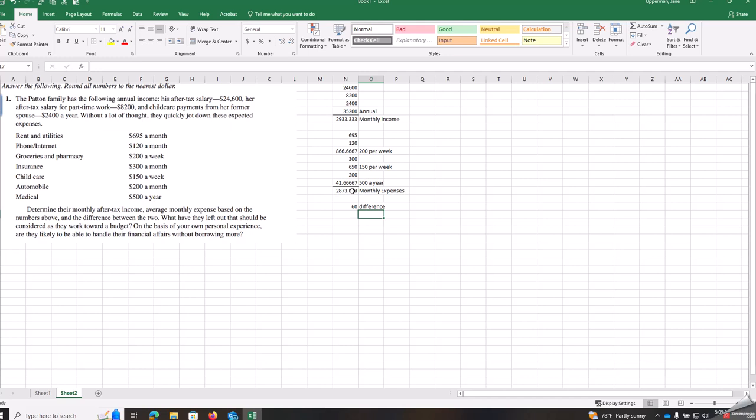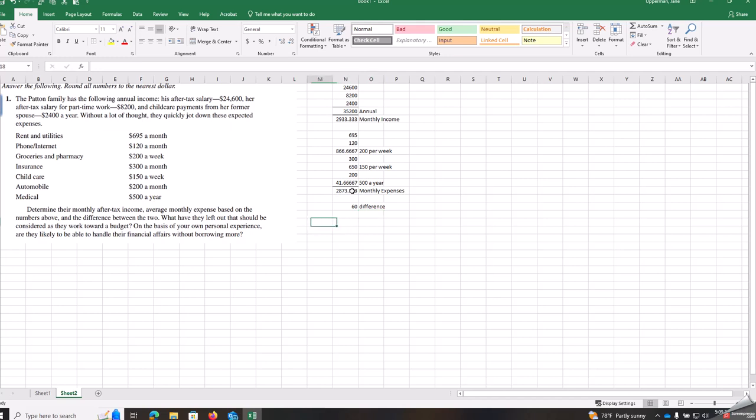So they don't have any entertainment expenses, and they don't have any other expenses, because a lot of times things pop up that you don't know. They also don't have any credit card payments or loan payments that they may have.